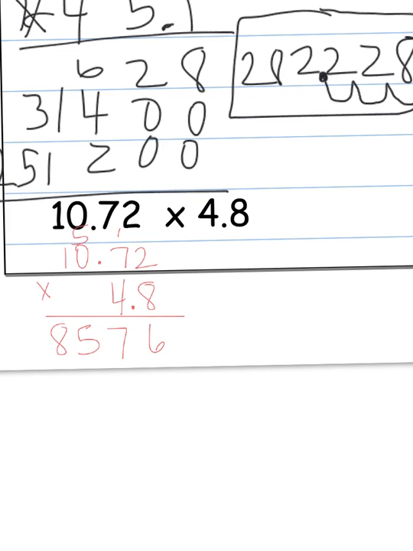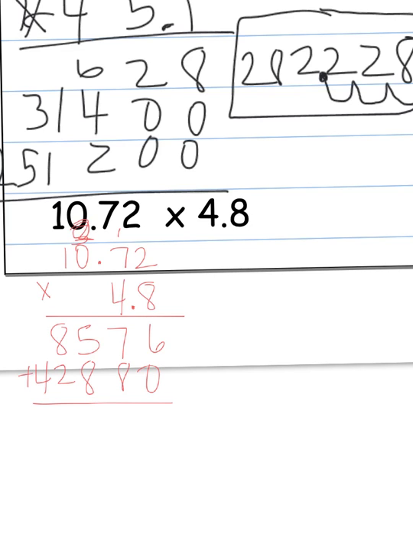Now we're moving over to our 4, so we put in a 0 for our placeholder there. 4 times 2 is 8. 4 times 7 is 28. Regroup our 2. 4 times 0 is 0, plus 2 that we just regrouped is 2. And 4 times 1 is 4.